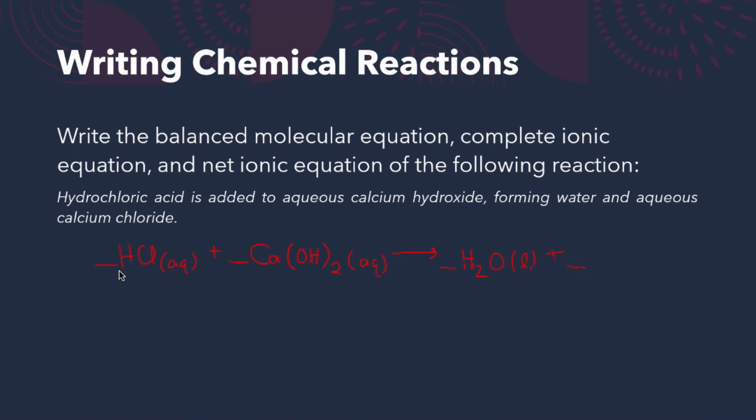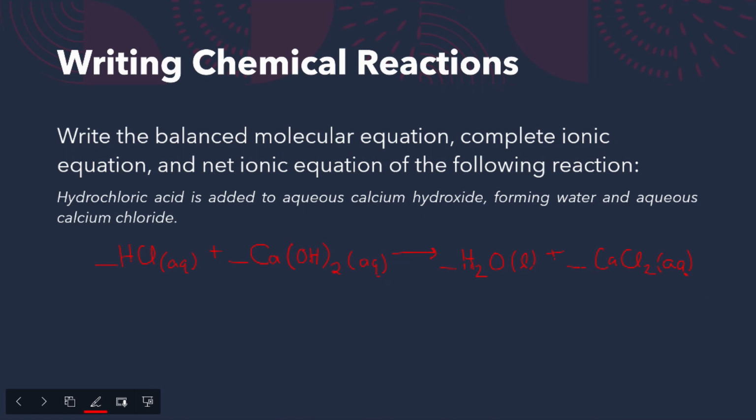So this is calcium, of course, and then chloride is chlorine. And again, if you recall, chloride anion has a -1 charge, while calcium cation has a 2+ charge. So we're going to put 2 chloride anions to combat the 2+ charge of the calcium. And this is going to be aqueous as well.